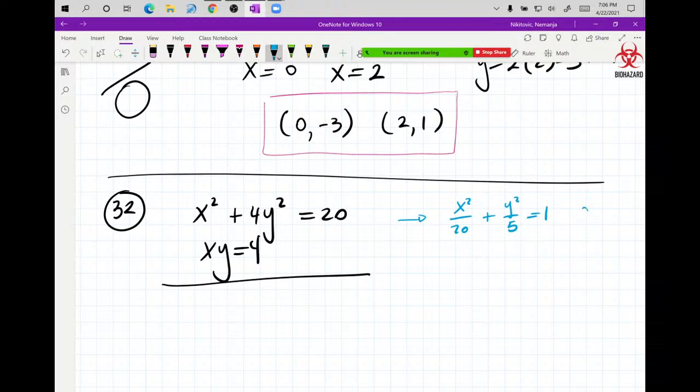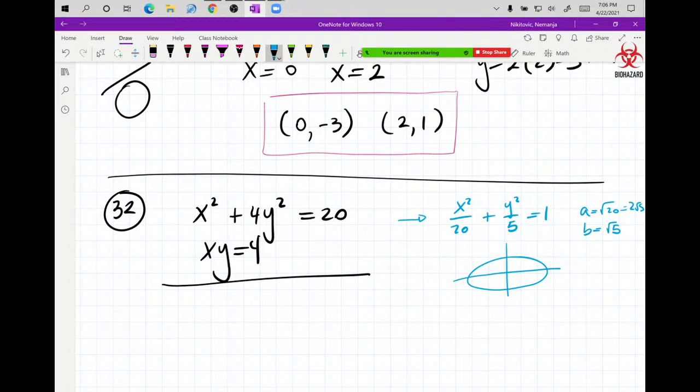So your a is root 20, which is 2 root 5, and then b is root 5. So this is one of the sideways ellipses where a is 2 times larger than b.